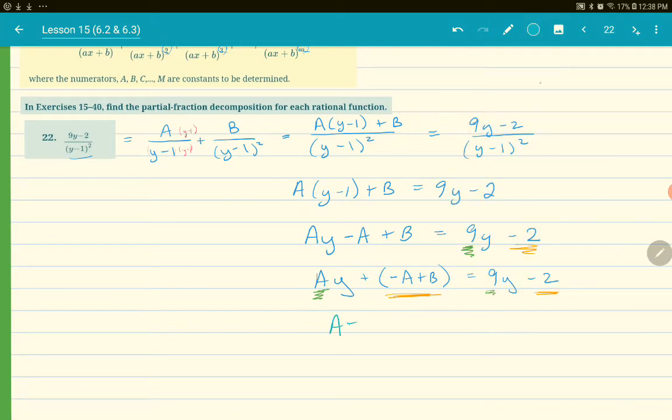So A equals 9 is one of my equations, and my other equation is negative A plus B equals negative 2. So I have a system of two equations and two variables.